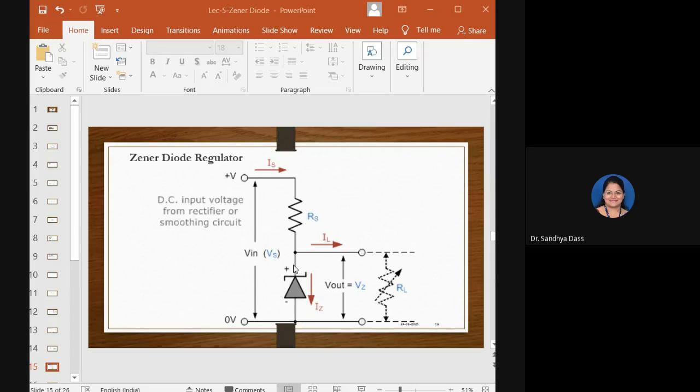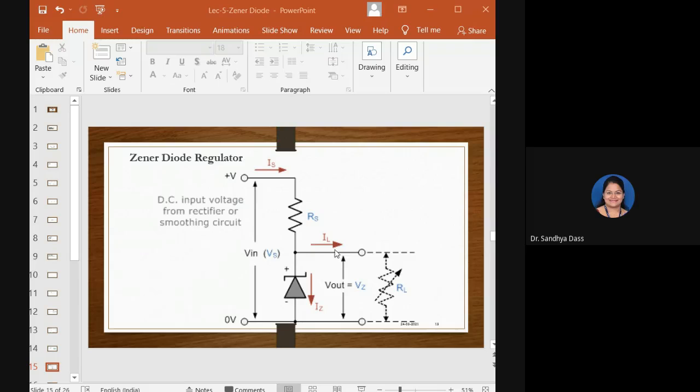In order to operate the Zener diode within those limits of current allowed through the device, a current limiting resistor will be connected in series. This resistor connected in series with the Zener diode limits the current flow through the diode, with the voltage source connected across this combination, as you can observe here.